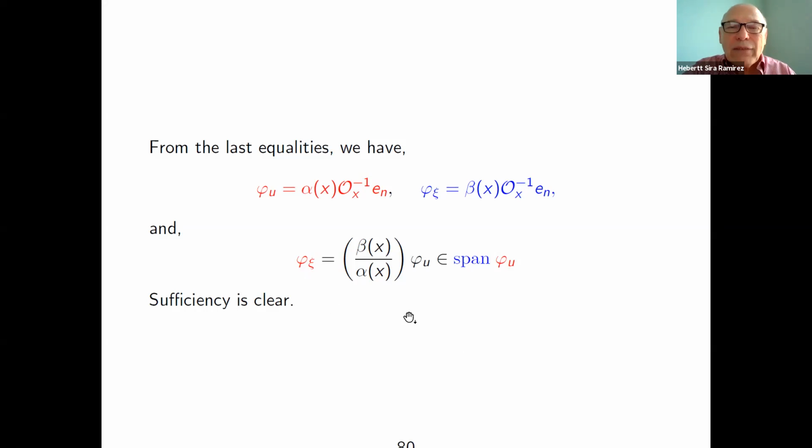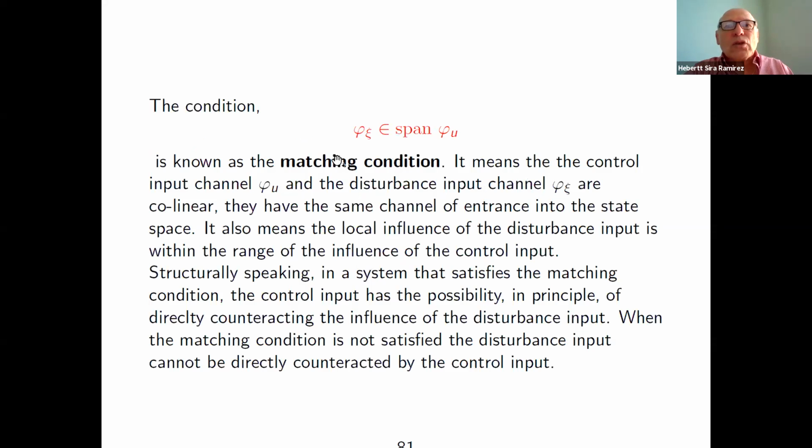Even though the influence might be adverse, the influences have to be in the same kind of nature that the control uses to influence the system state motions. And that structural condition is pretty well known. It's called the matching condition.